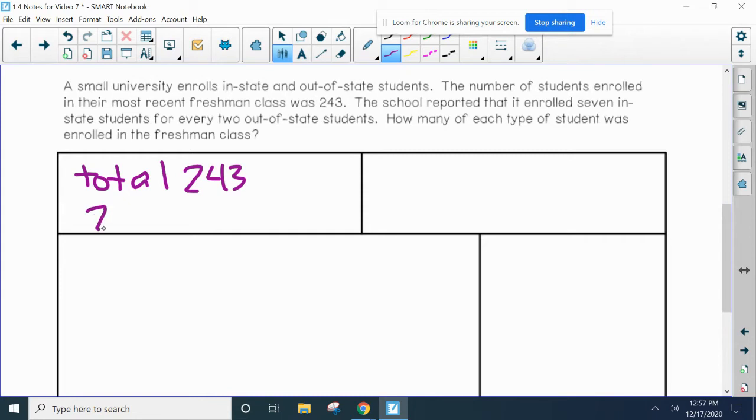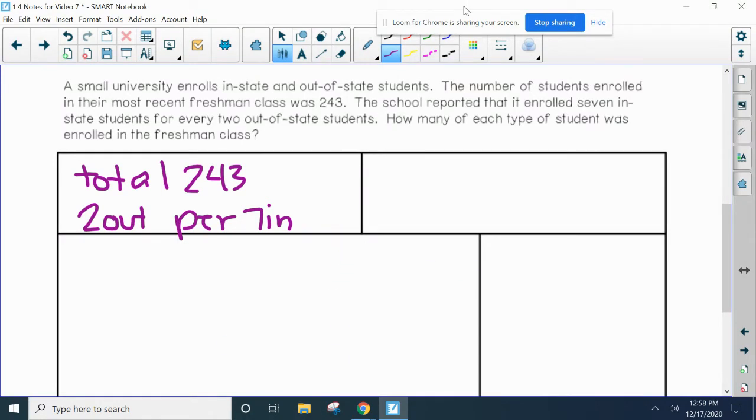So 2 out per 7. I did that backwards. 2 out per 7 in-state.